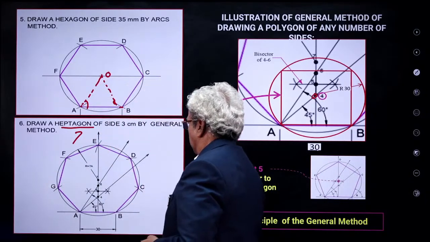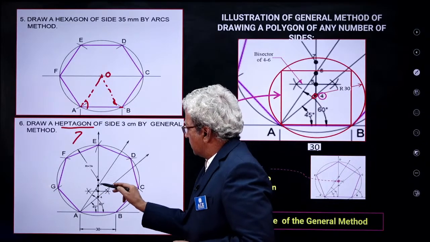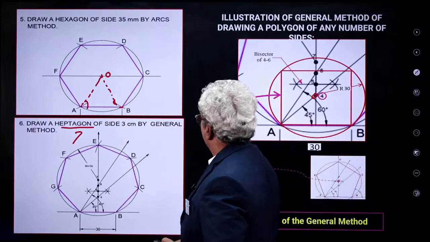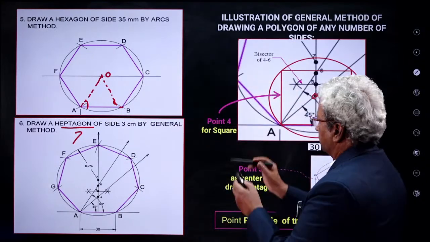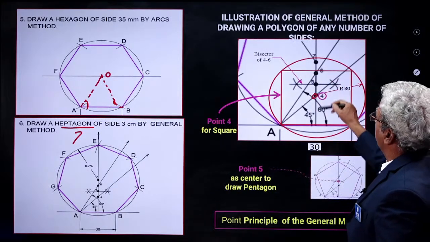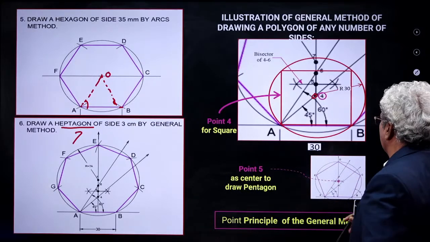By the general method, you can see, expand and see how these lines are there, how the point 5 is obtained by bisecting this central mid perpendicular, and in an expanded fashion I have shown those points, and this is the proof of how the general method is developed.